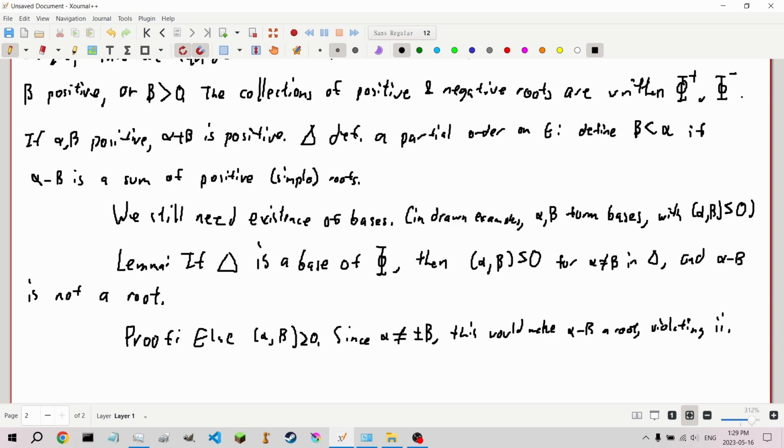Now, our goal is to prove a theorem: every root system has a base.